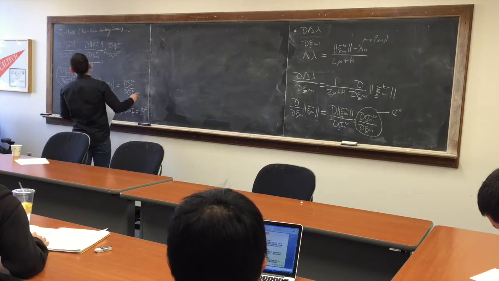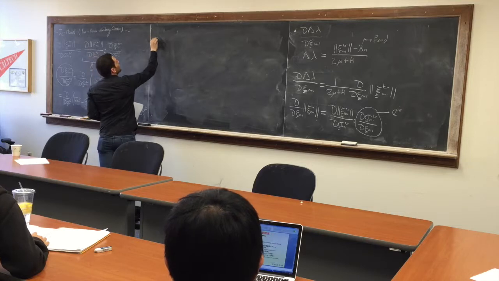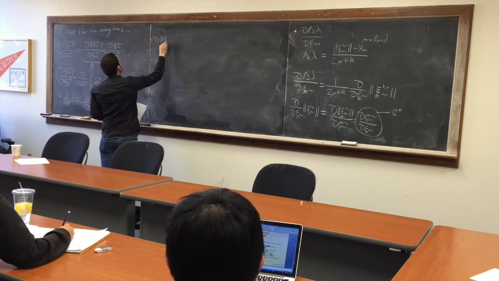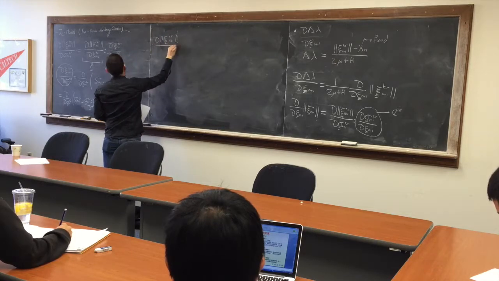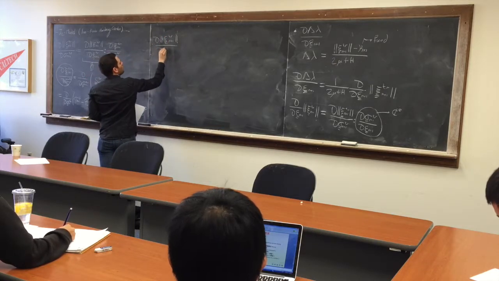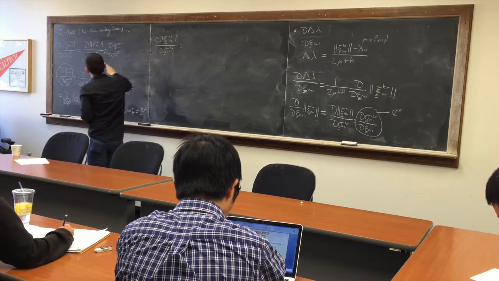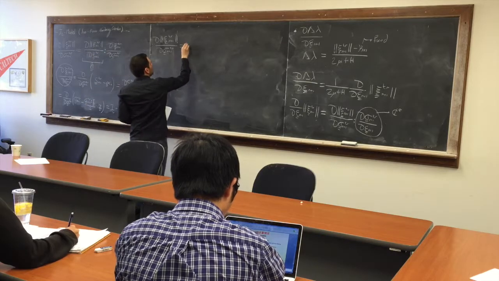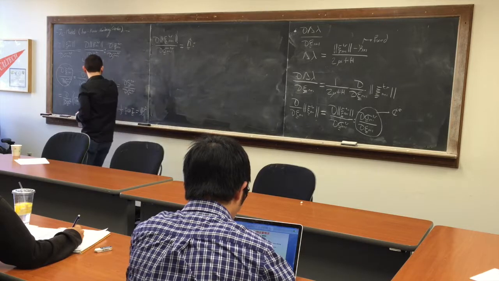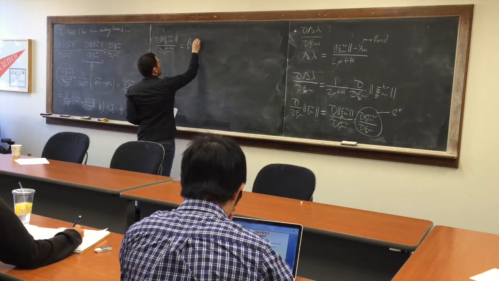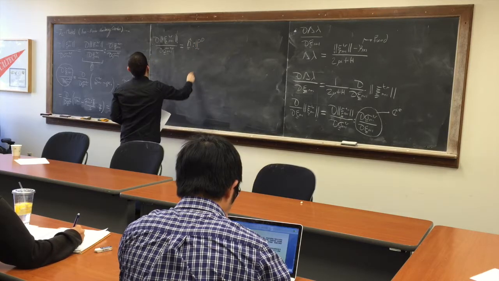So we have, and this is this guy here, is equal to n hat times the deviatoric projection, right?